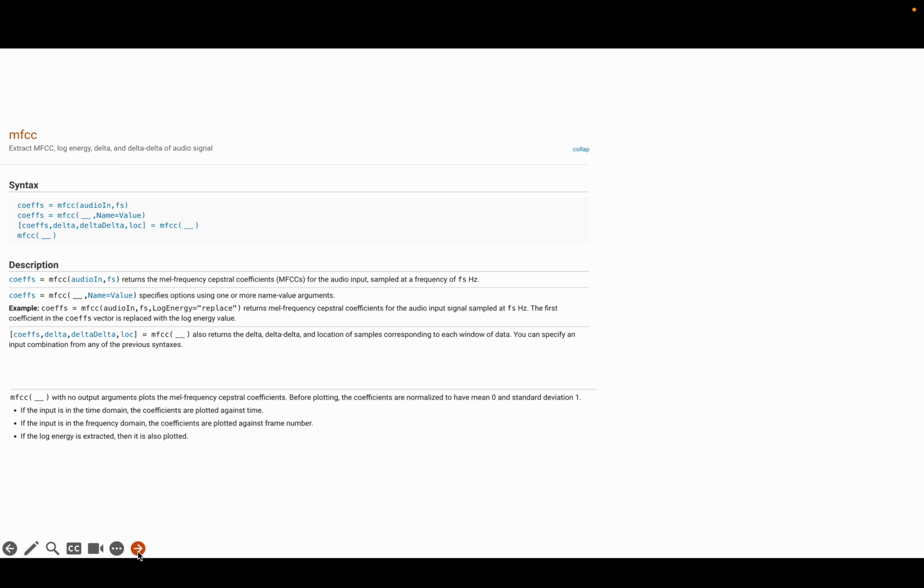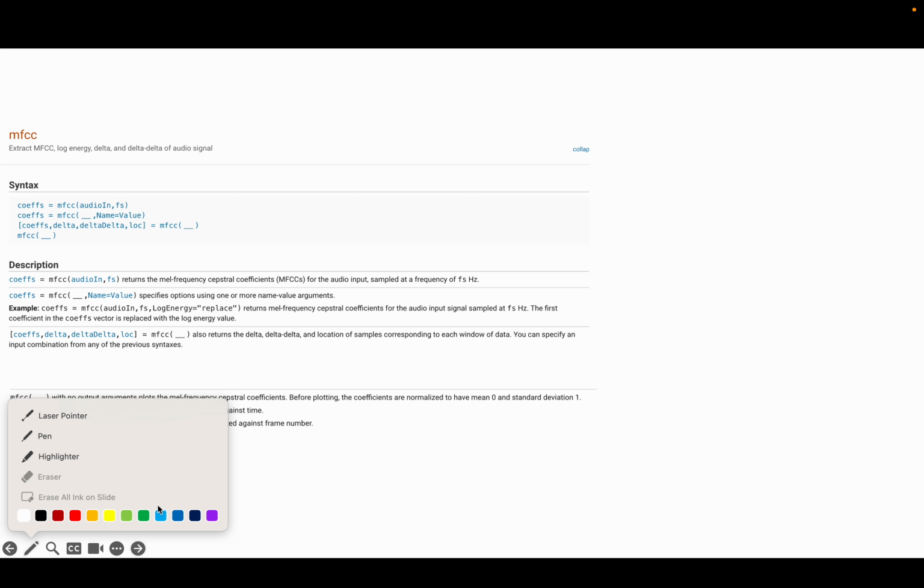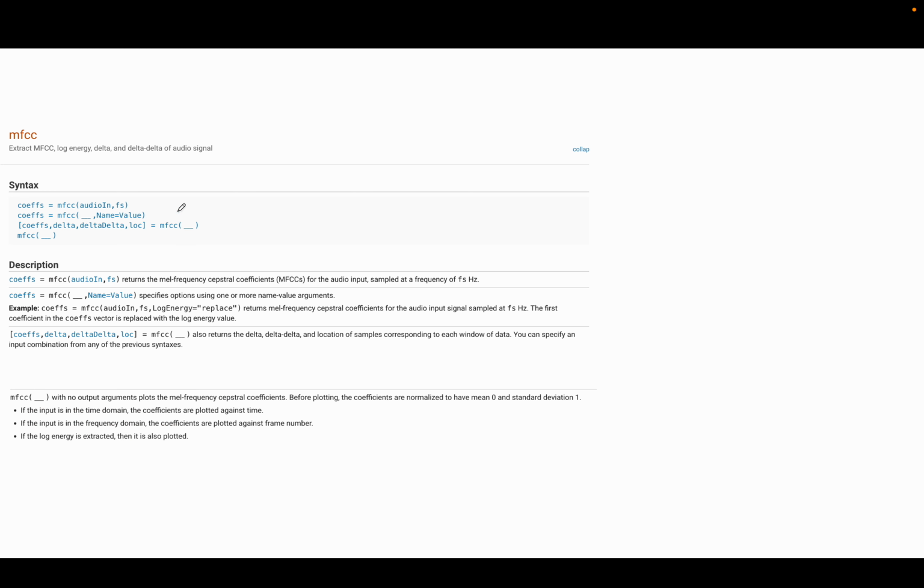Okay, so now let's talk a bit about the MATLAB algorithms that calculate the MFCCs. MATLAB has built into its Signal Processing Toolbox the mfcc function, which is going to do this operation for you.